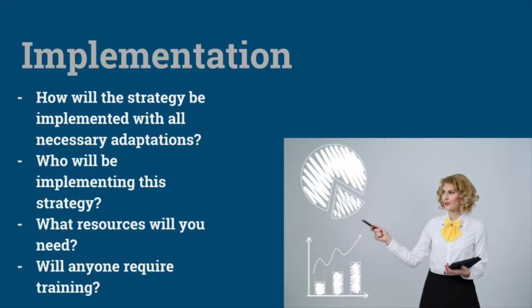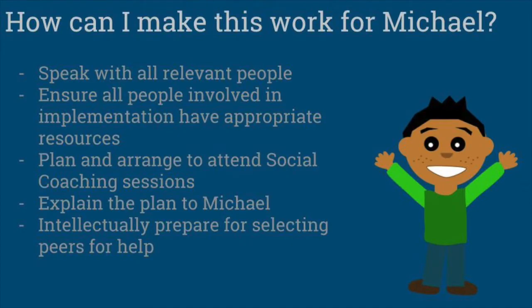For example, I needed to map out everyone that I needed to contact to make this as beneficial as possible. I needed to speak with his social coach to plan the sessions I could attend. I needed to reach out to his family some more and explain the strategy and what I needed them to do when we sent the videos home for them to watch.